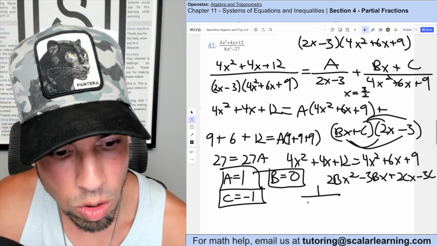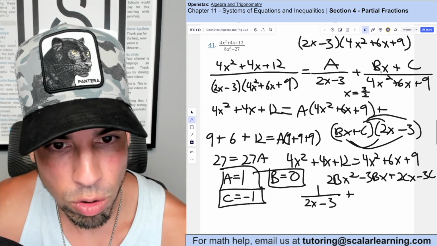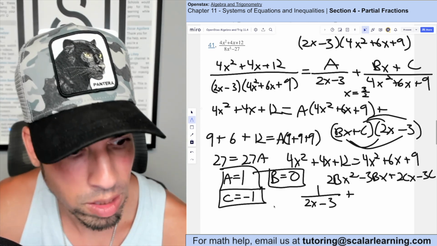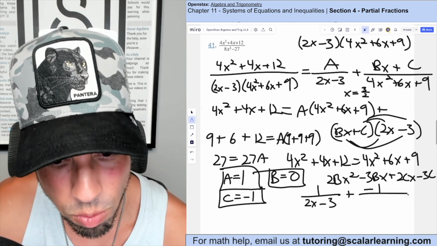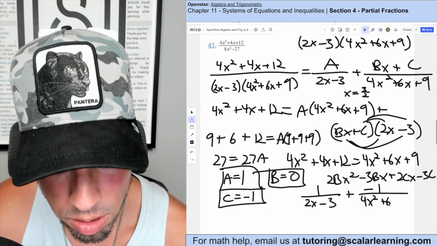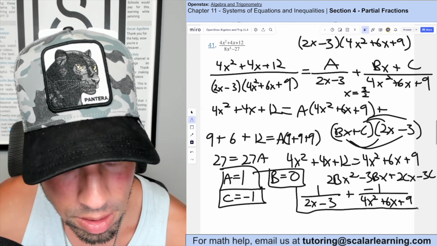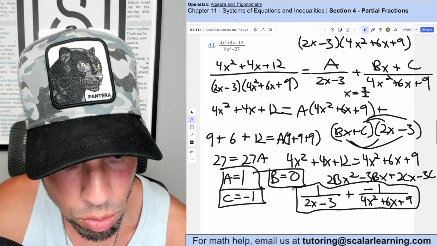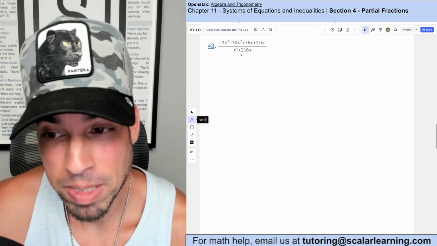So we got 1 over 2x minus 3 plus b, which is 0. 0 times x is 0. Plus c, which is -1. Or I could say minus, but we'll just say plus -1 over that quadratic 4x squared plus 6x plus 9. And that is how you do it. Boom. Done.